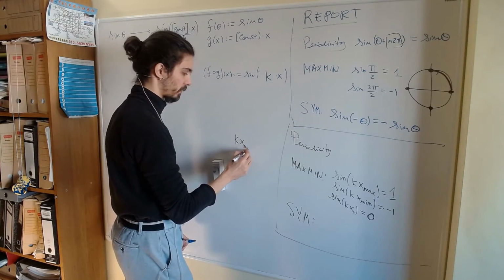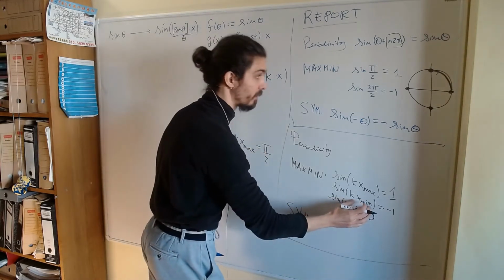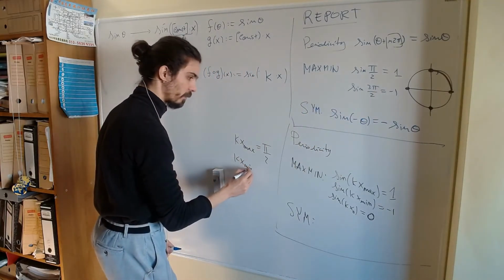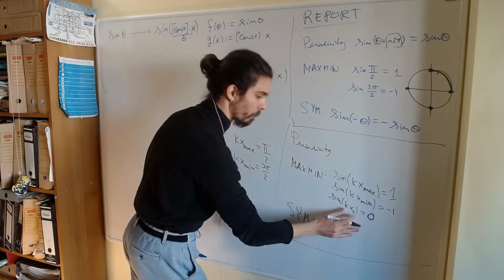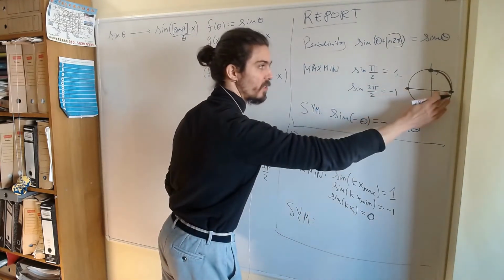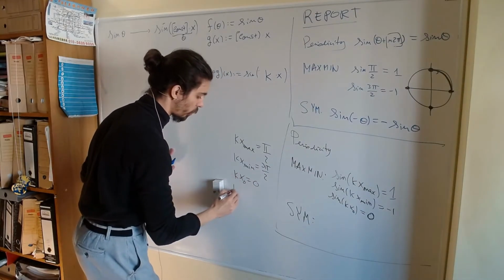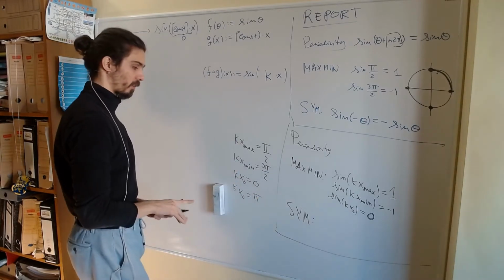Kx max must be pi divided by 2. Compare this with this, and you know that kx min must be 3 pi divided by 2. And finally compare this with either 0 or pi, and you know that kx0 must be 0 or kx0 must be pi.